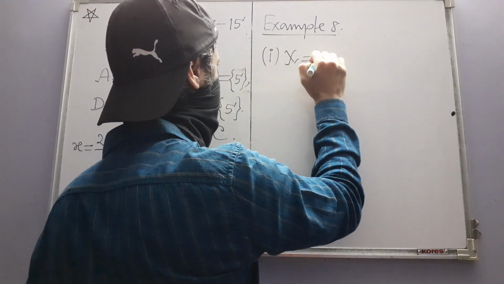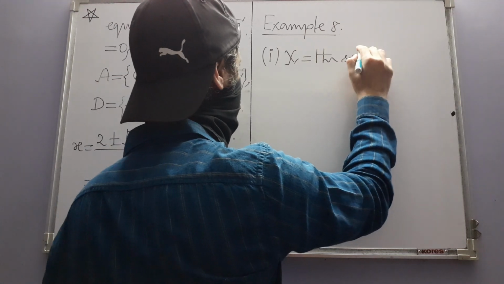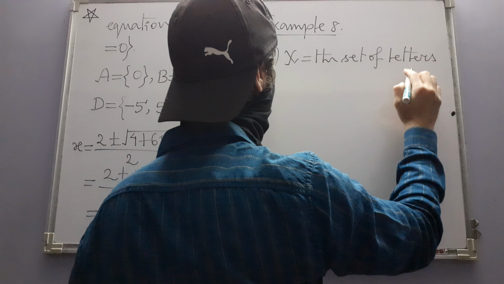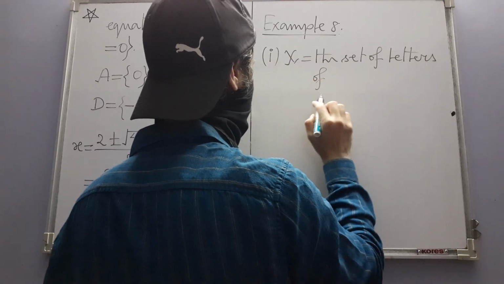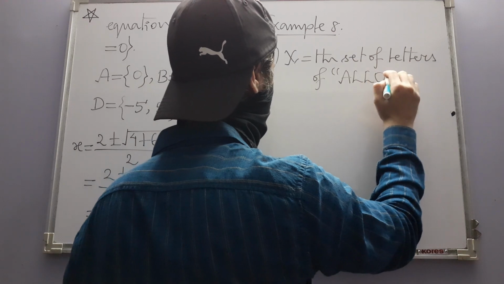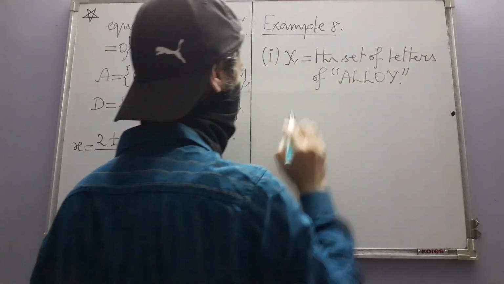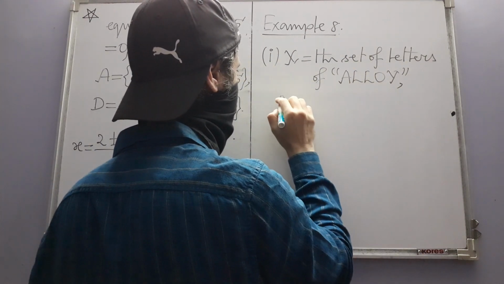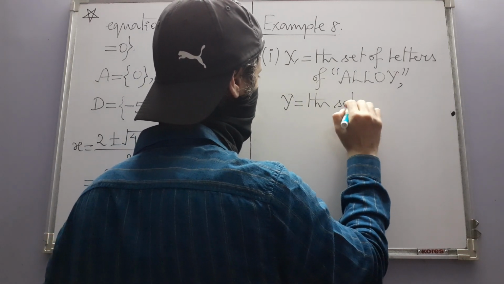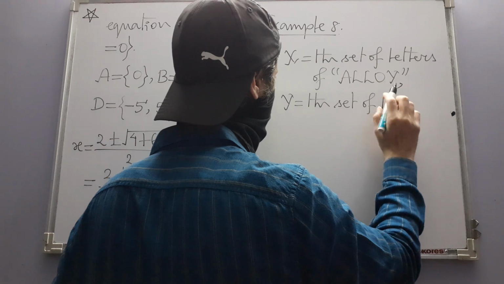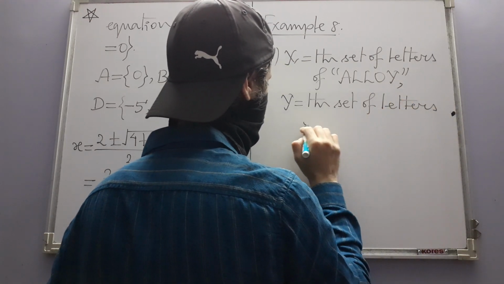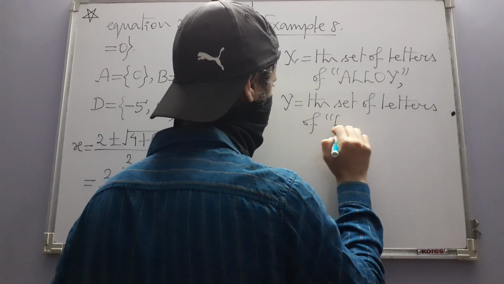X is the set of letters of the word alloy. And Y is the set of letters of the word loyal.